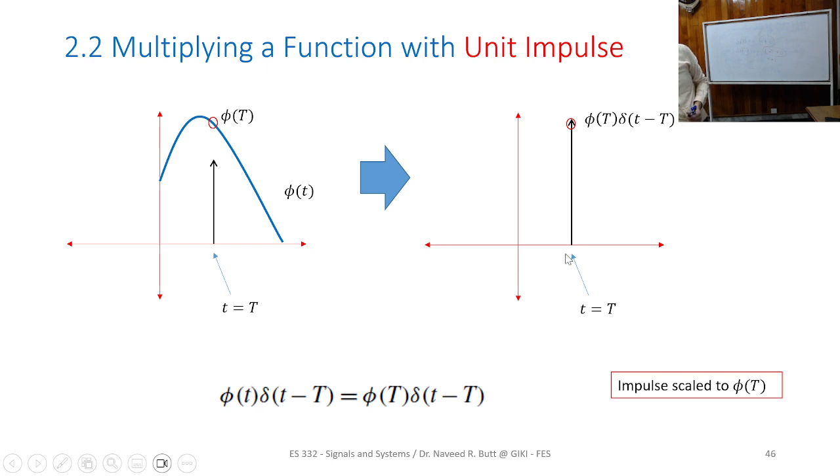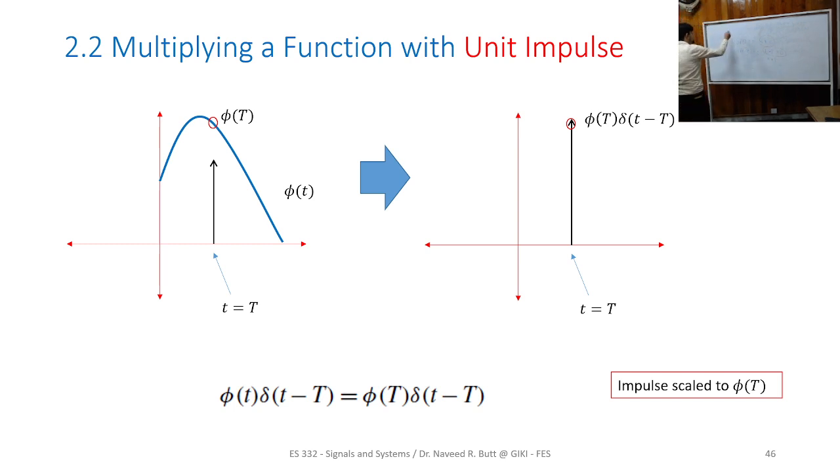Now this is what it does. How do we show it? Mathematically it is not visible. We normally put 1 here for unit impulse, and then we put phi T or whatever level it takes, 1, 2, 3, whatever it takes.